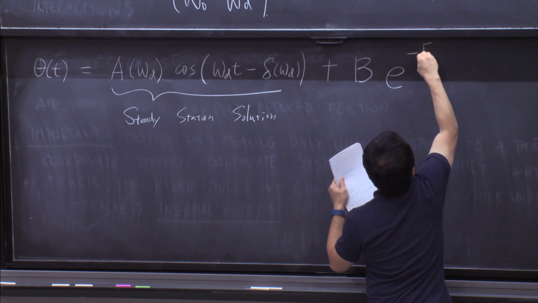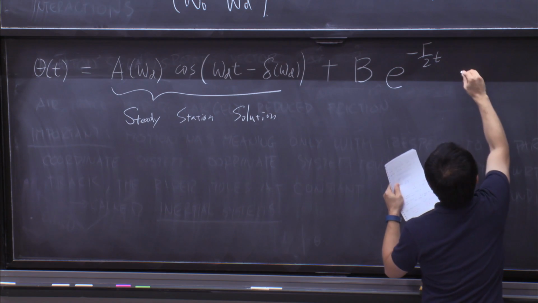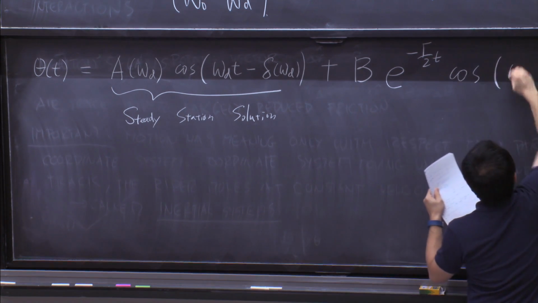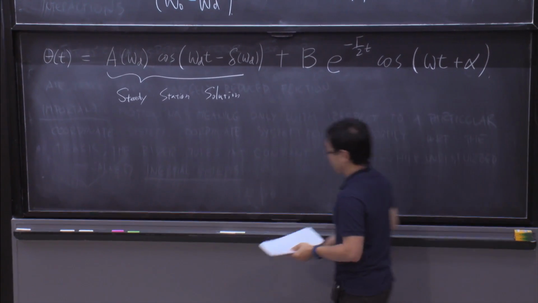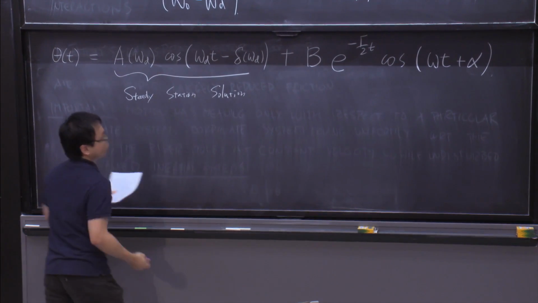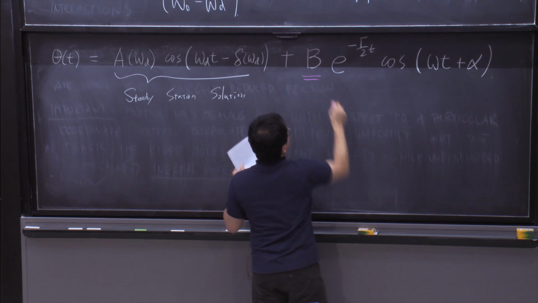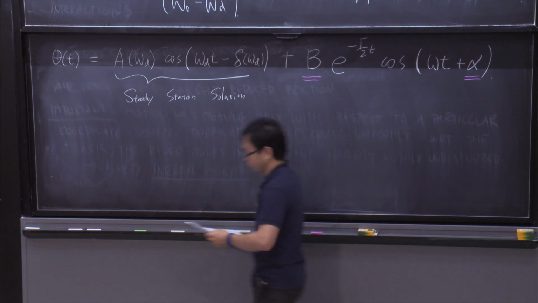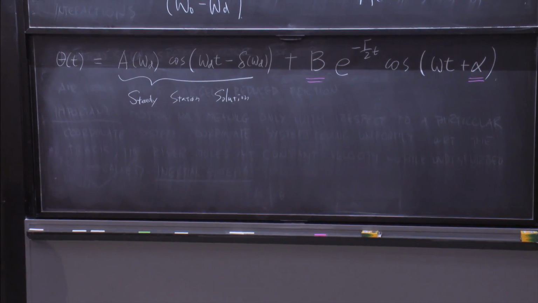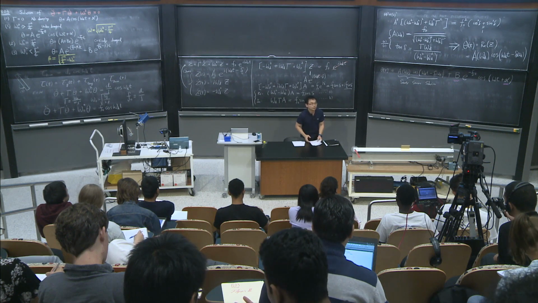Basically, there are two free parameters, B and alpha. Those two free parameters can be determined by initial conditions.